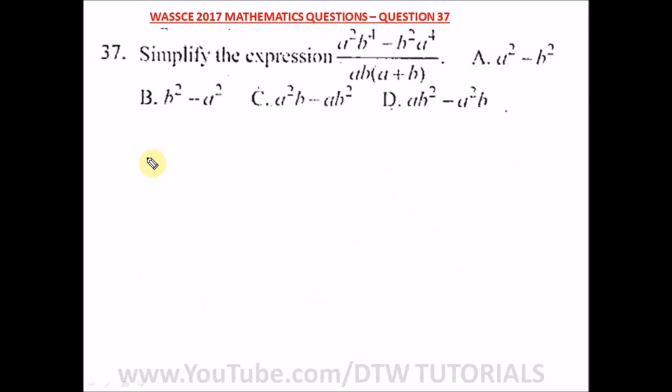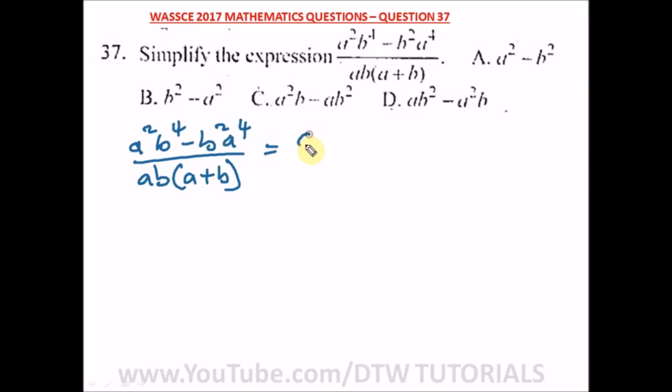Question 37 of our WASSCE 2017 mathematics past question, that's your WAEC 2017. It says simplify the expression. Okay, let's simplify this together. We have a square b raised to power 4 minus b square a raised to power 4 divided by ab bracket a plus b. To simplify this, let's bring out what's common to these two terms.